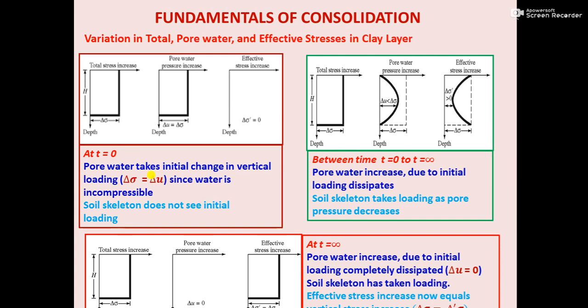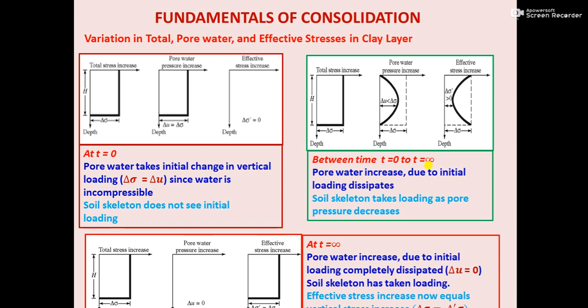Now you see, between time t is equal to 0 to t is equal to infinity. Why have I written it like this? Because consolidation is a very slow and time consuming process. And it will go on forever. It is very difficult to clear all the pore spaces in the clay layer.